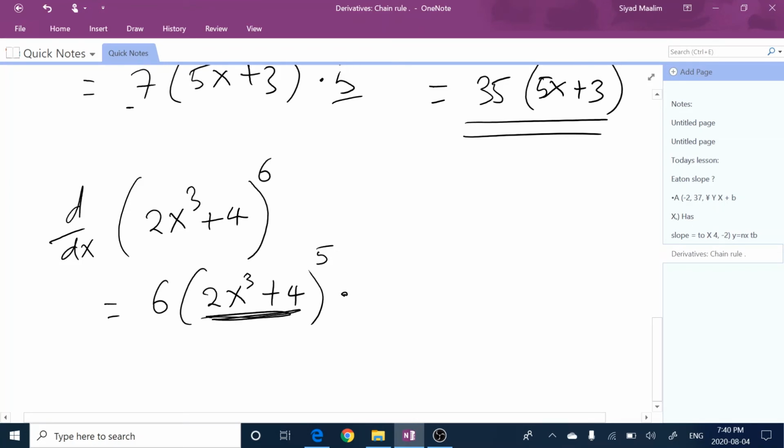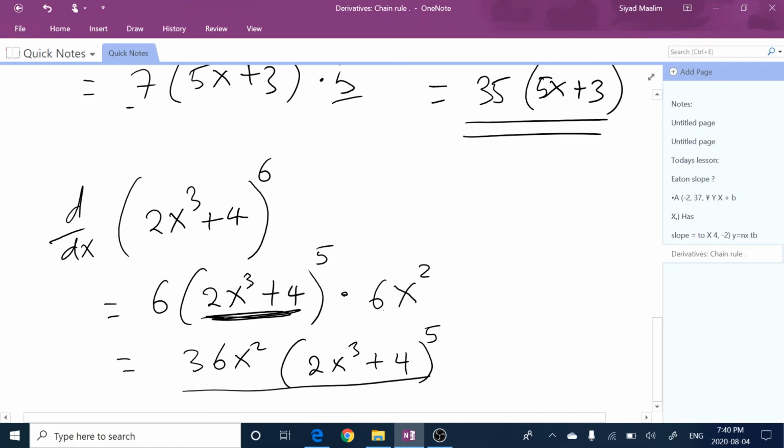The derivative of this will be, use the power rule, 6, because 3 times 2 is 6, x to the power of, reduce the power by 1, so x squared. The constant just becomes 0, because the derivative of any constant is 0. So from there you can simplify this further. 6x squared times 6 is 36x squared, and then 2x cubed plus 4 to the power of 5, and that is your final answer.